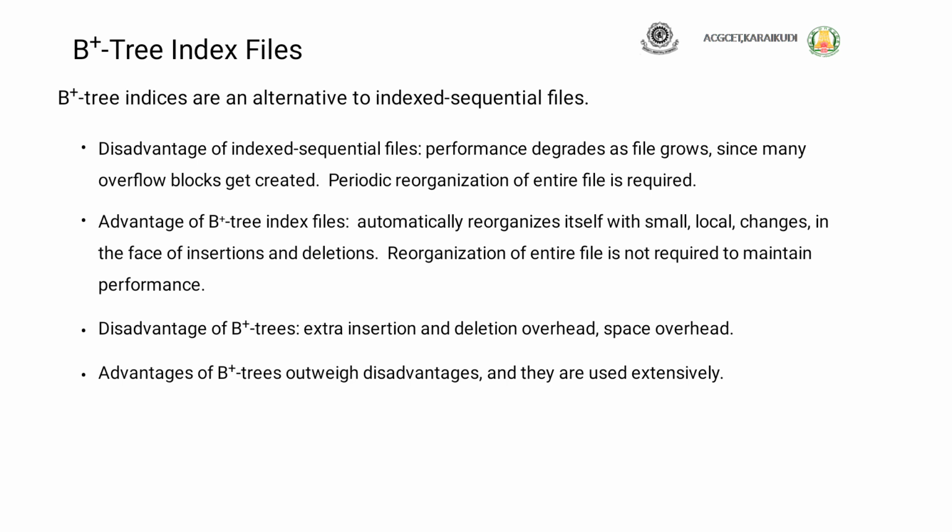A block pointer is a node pointer, or it points to a particular block, and a record pointer points to the record where we are searching for within the block. So in B trees, at every level we are going to have key and data pointer, and that data pointer is actually pointing to either block or record.